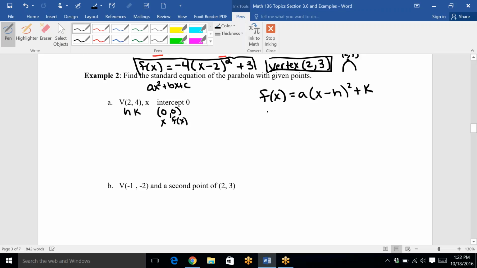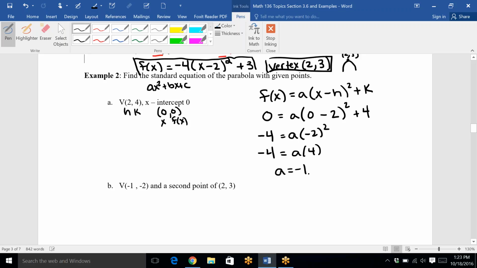So if we plug in what we know, this would be 0 equals a times parentheses 0 minus h, which would be minus 2, squared, plus k, which is 4. I would subtract the 4 over to the other side, and let's work out this parentheses. That'd be negative 2 squared, so that would be 4. And if we divide by 4, we get negative 1.